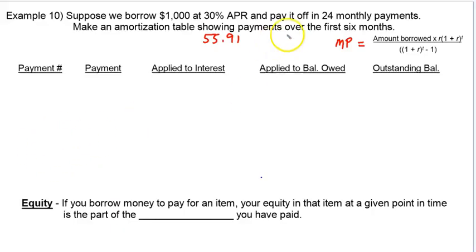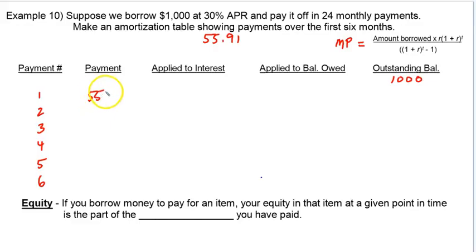We'll put our outstanding balance first, so it's $1,000, and then we'll start with our payments. And this is a schedule that shows with each payment how much is going to interest, how much is taking off the principal, and then what is our ending balance amount that we owe.